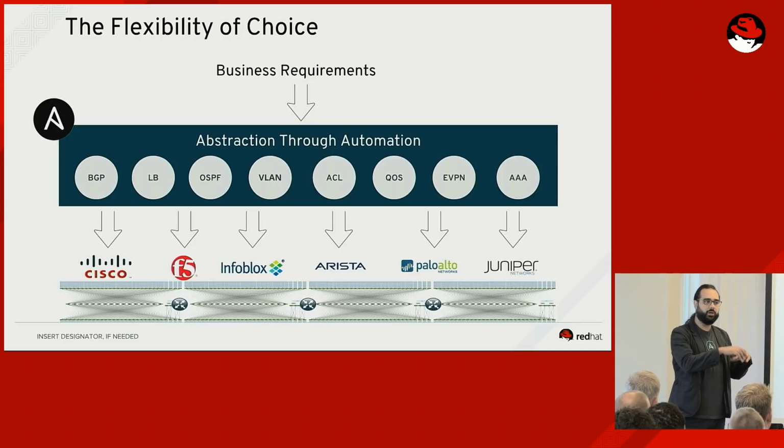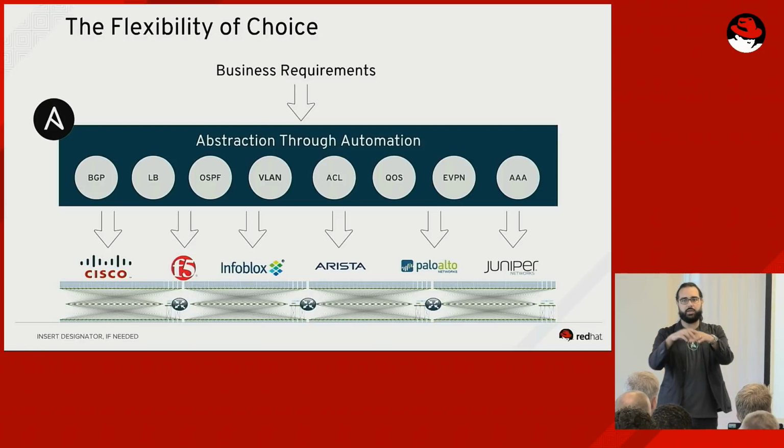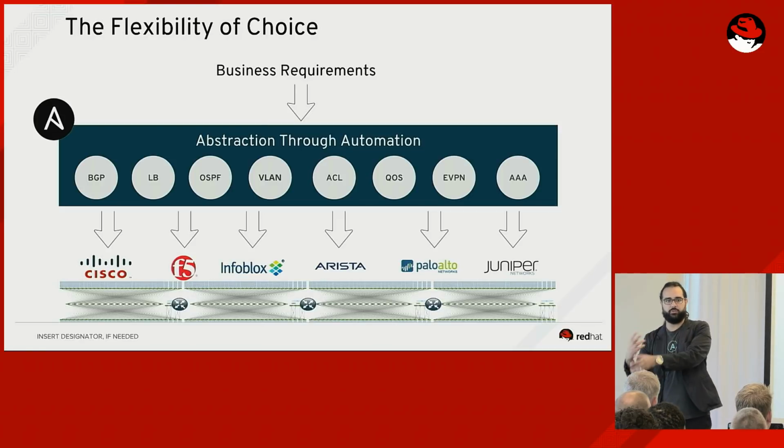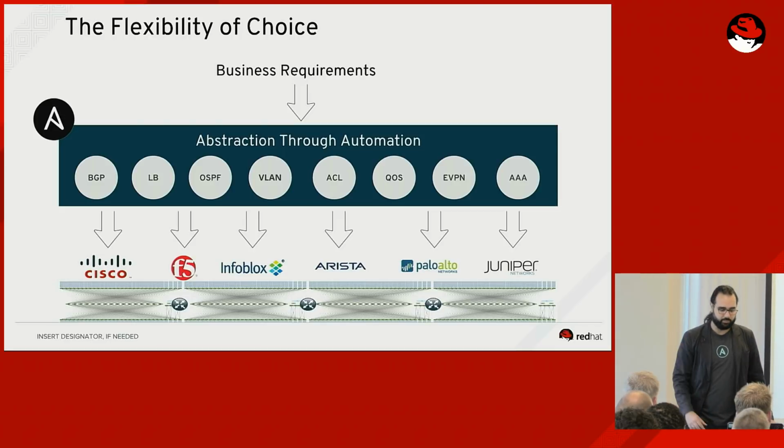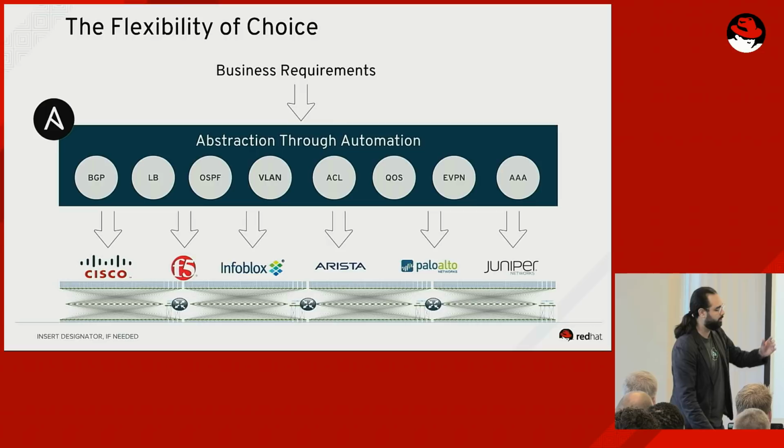When you want to do BGP, you call that role. We'll go through what a role is, by the way. You call that and you feed the data. That role will take charge of the process to do the configuration based on the desired state you want, and for VLAN and so on.